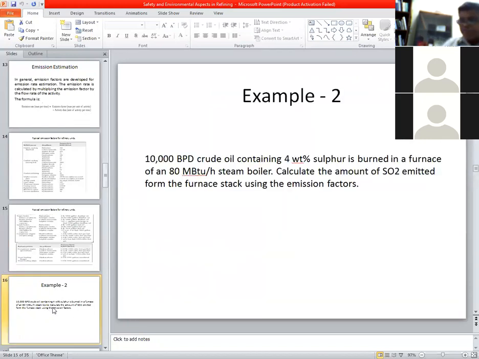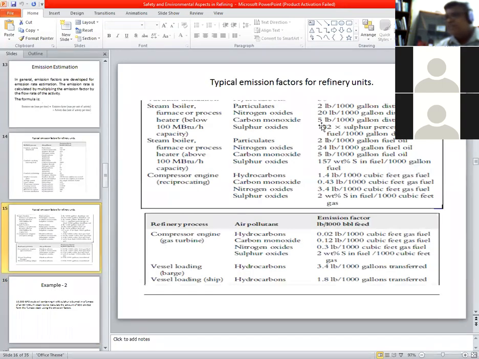So very simple. Here I have to calculate by using that formula: emission rate equals emission factor times flow rate. Flow rate is given. Emission factor, you use from this table. Only be careful with the unit.